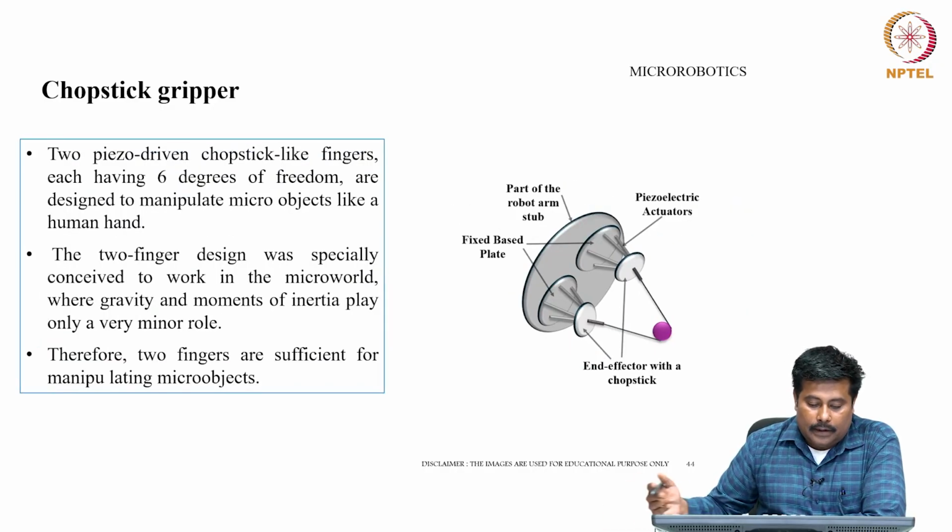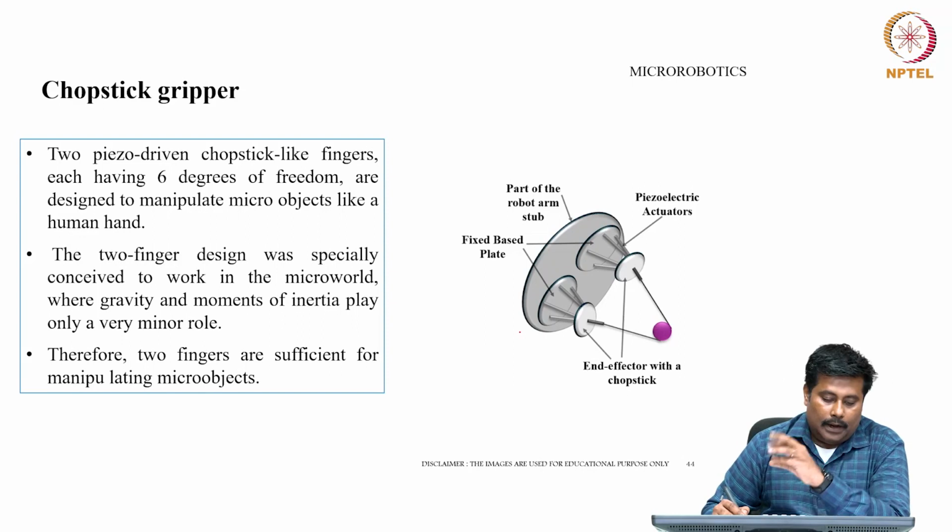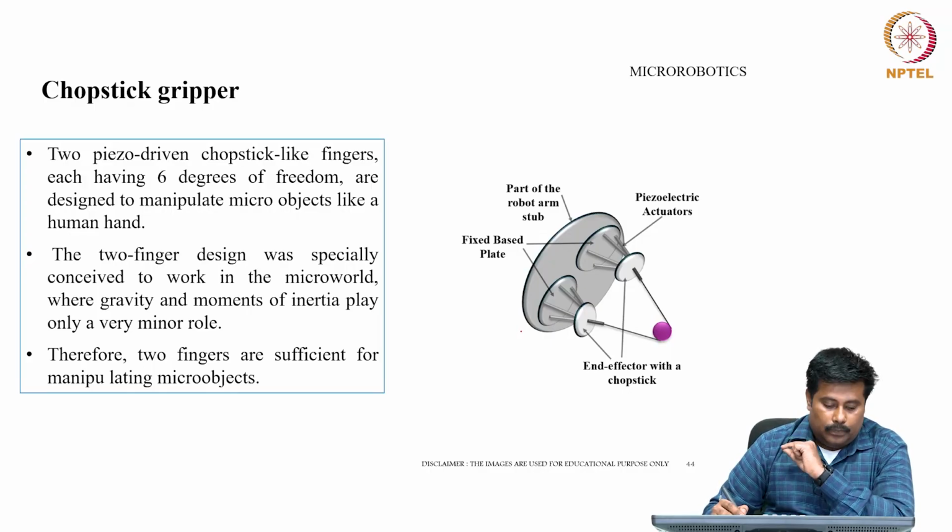The main configuration of this is two piezo driven chopstick like fingers, each having 6 degrees of freedom, designed to manipulate the micro object like a human hand. The two finger design was specially conceived to work in the micro world where the gravity and the moment of inertia play only a very minor role.